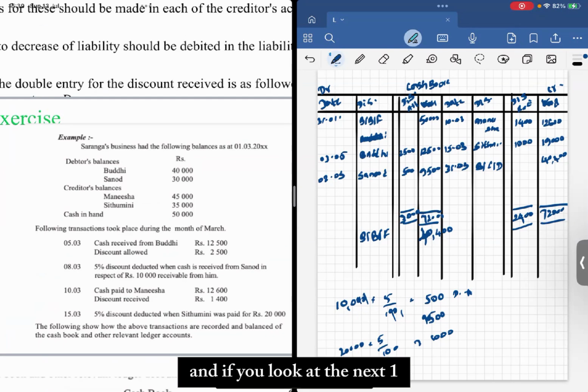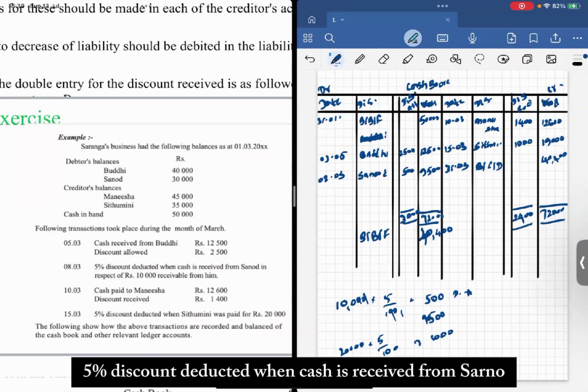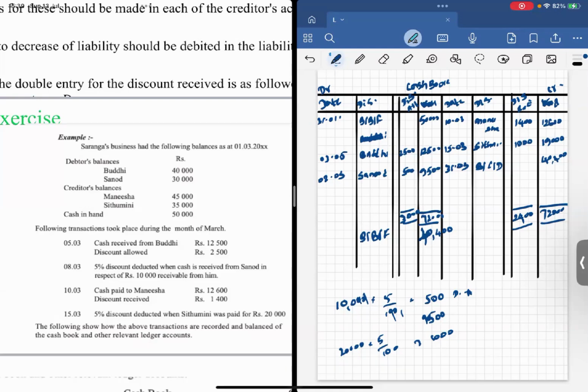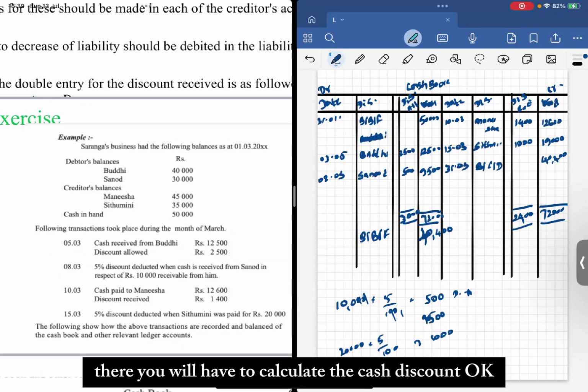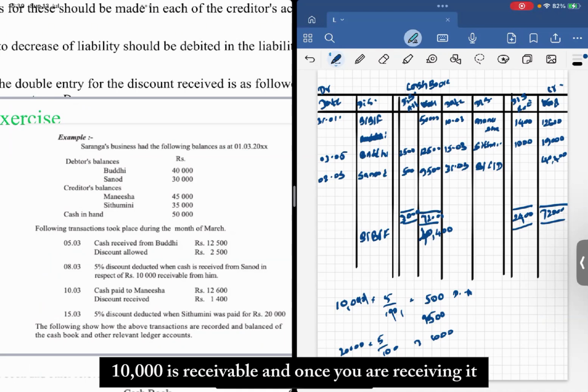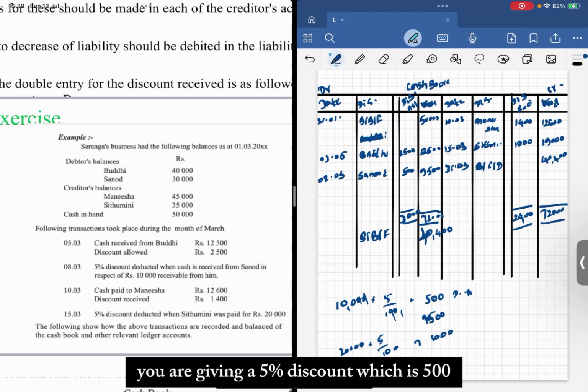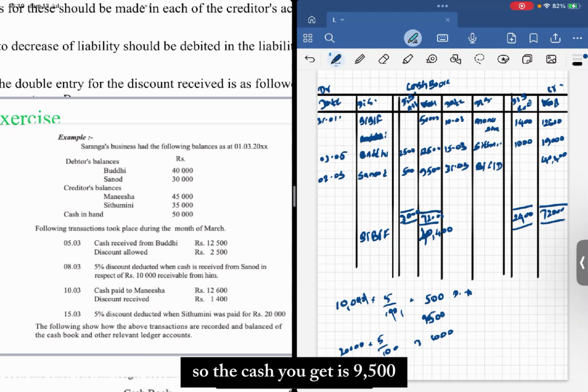And if you look at the next one, 5% discount deducted when cash is received from Sanoth in respect of rupees 10,000 receivable from him. Okay. There you will have to calculate the cash discount. Okay. 10,000 is receivable. And once you are receiving it, you are giving a 5% discount, which is 500. So the cash you get is 9,500 and discount allowed is 500.